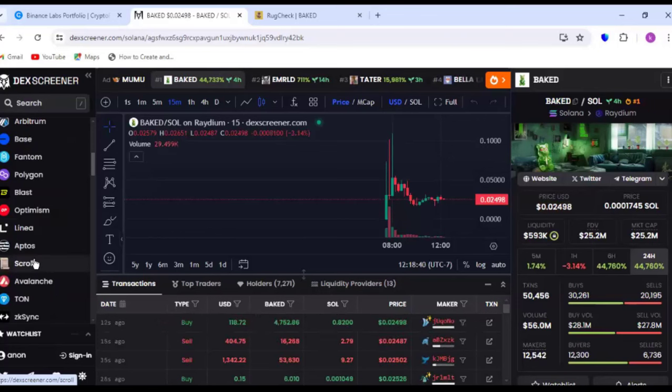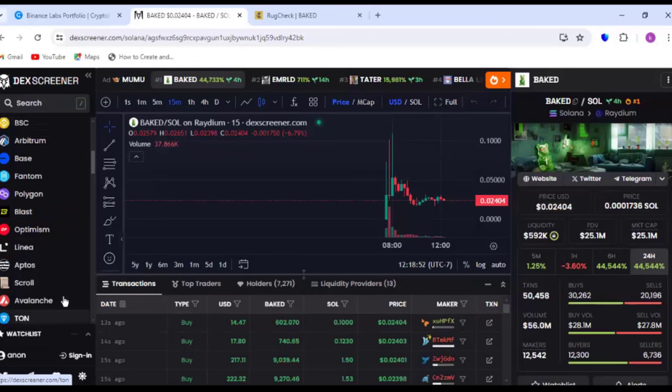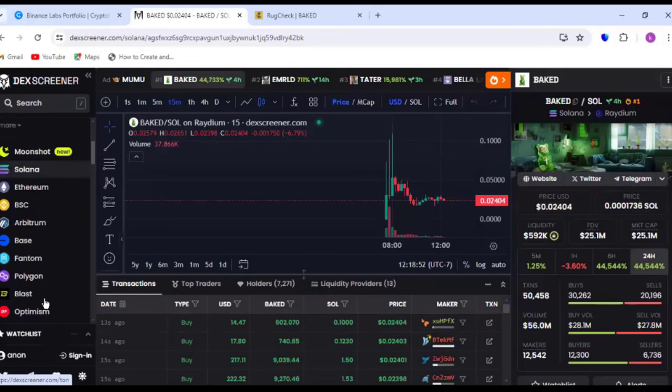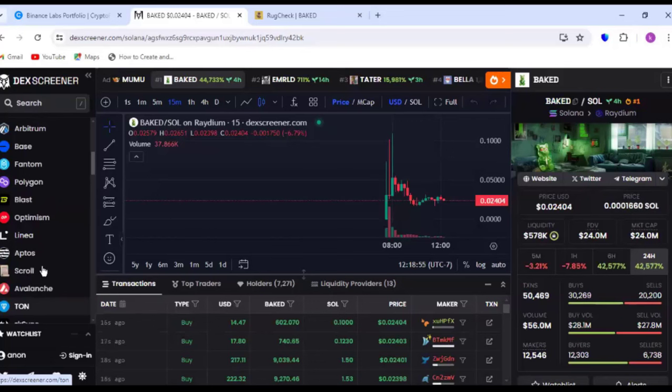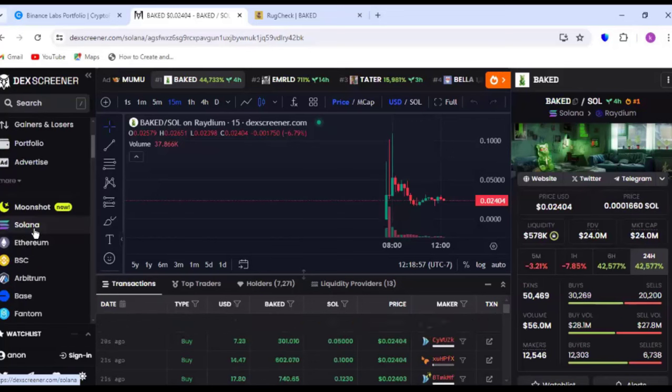I will be focusing on a few chains tonight. I will be focusing on the Ton chain, which is one of the most promising blockchains we have. I will be using the Ton chain, the Solana chain, and the BSC chain.